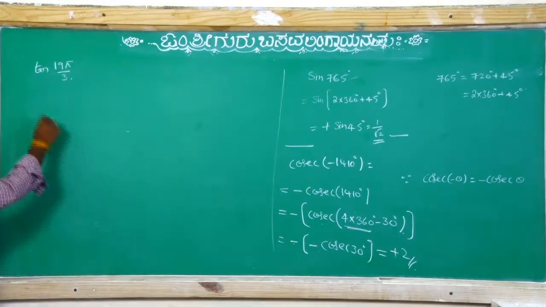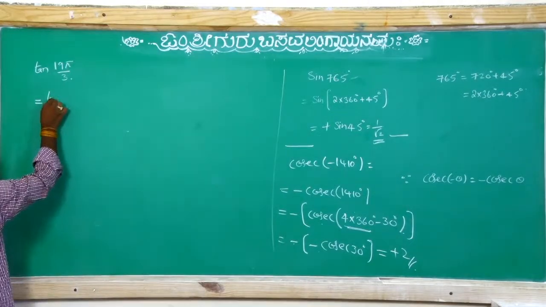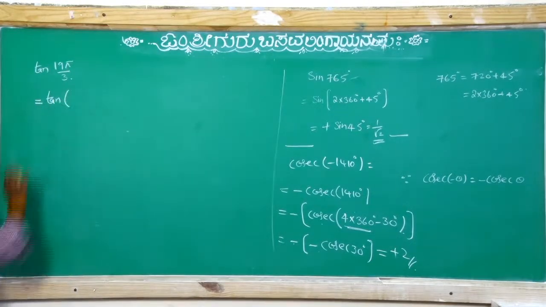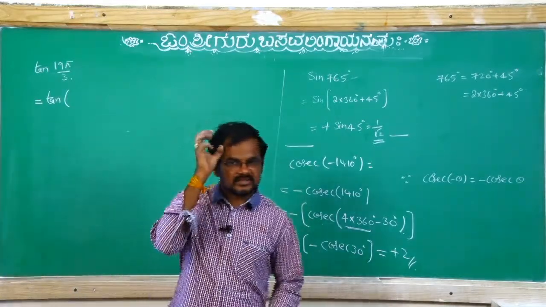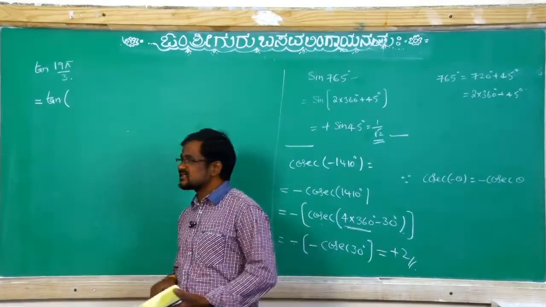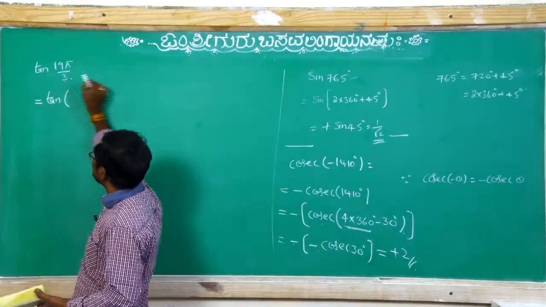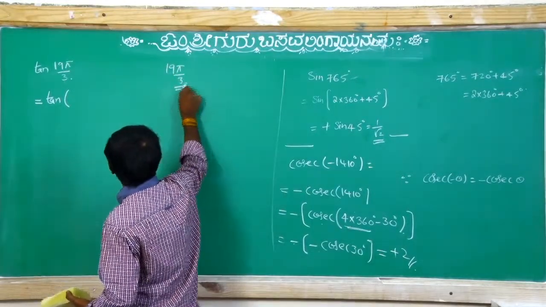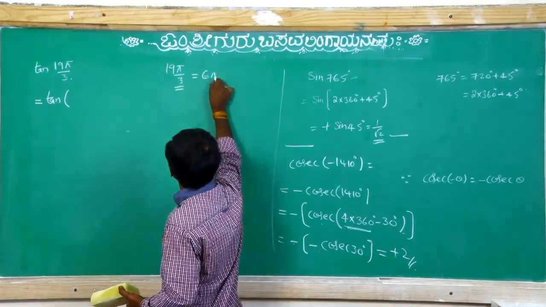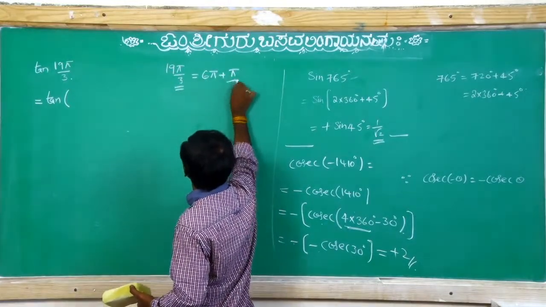What we have to do? Tan of, once you observe 19 pi by 3, here 3 is there, so that is why I will write 6 pi plus pi by 3.